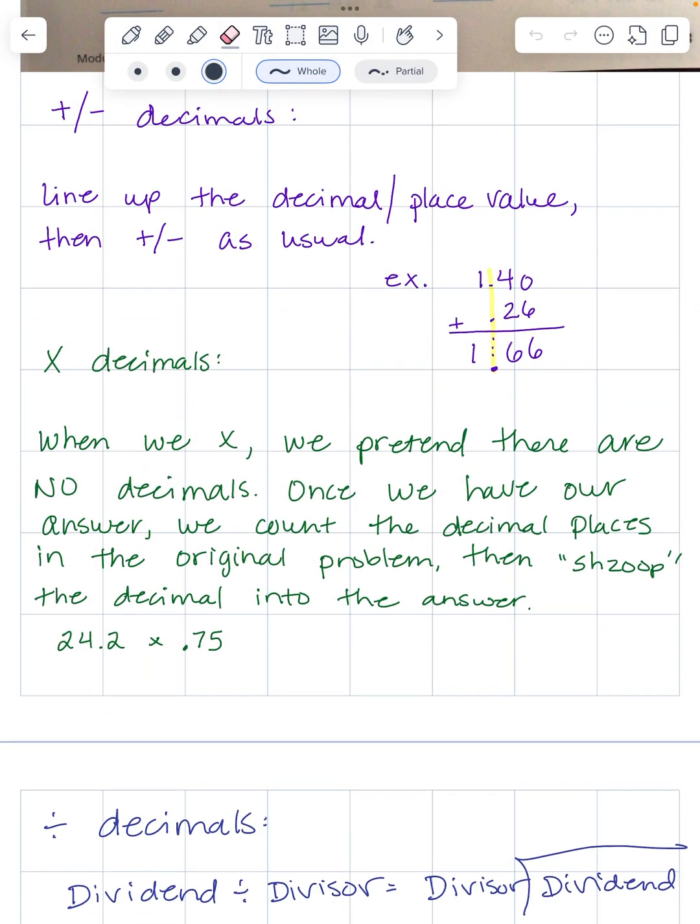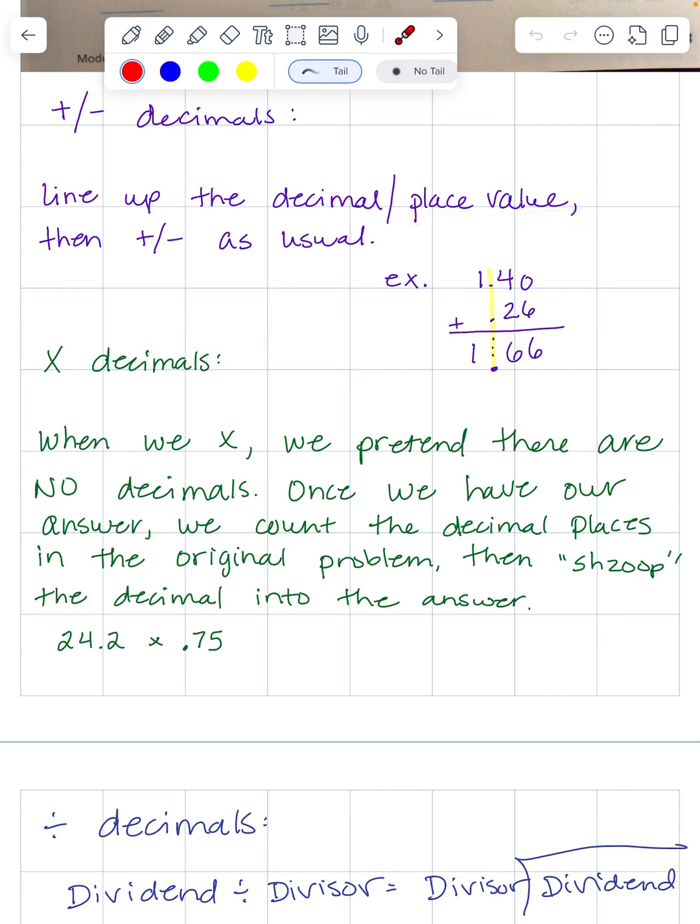Here we are. First things first, when we are adding or subtracting decimals, we line up our decimal or our place value, okay? Probably from elementary school, you remember hearing, hey, we line up the decimal, which is true, but really when you're doing that, you're lining up the place value, and that's the thing I really want you thinking about. Then you just add or subtract as usual, right?